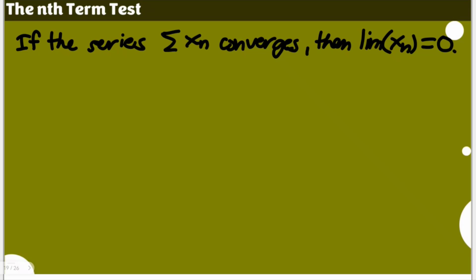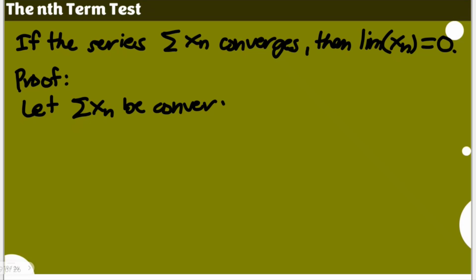I'm going to give you examples or illustrations later, but first let's try to prove this given statement, the nth term test. So here is a short proof for the nth term test. By definition, let the summation of x sub n be convergent, because that's the first part of the statement.